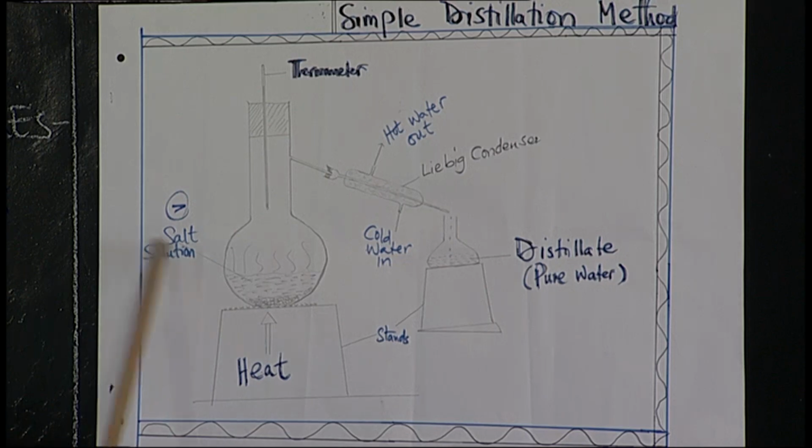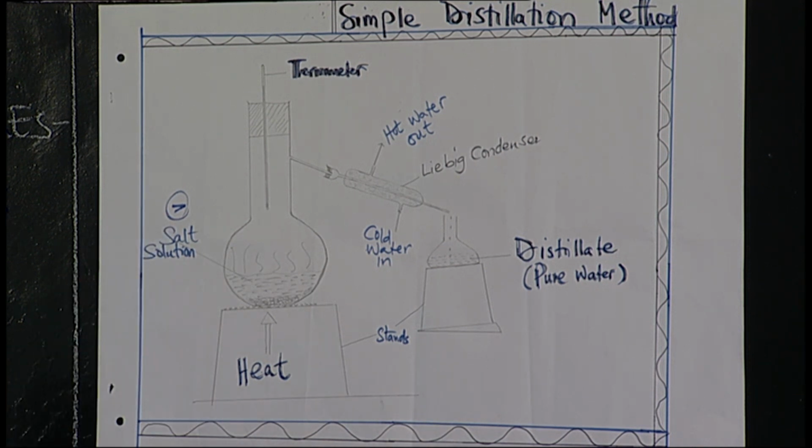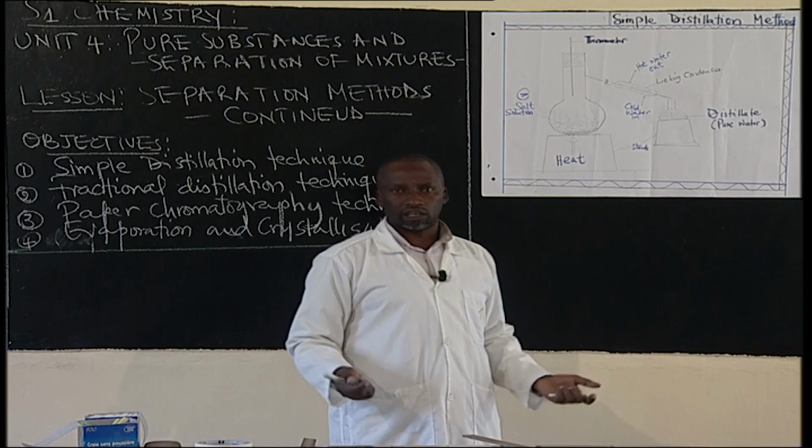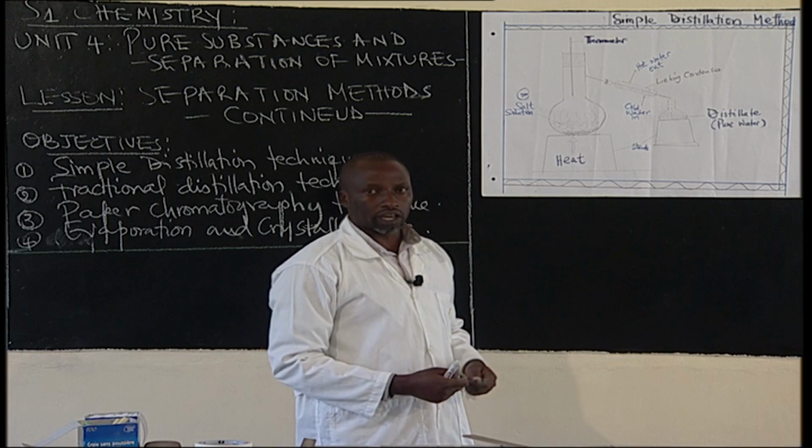When you look at this, what are we trying to separate here? Just tell me what we are trying to separate in this method. This is the salt solution: you have the salt dissolved in water, so you have to distill the water.